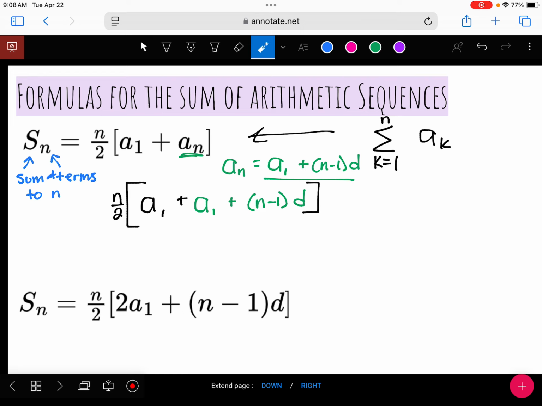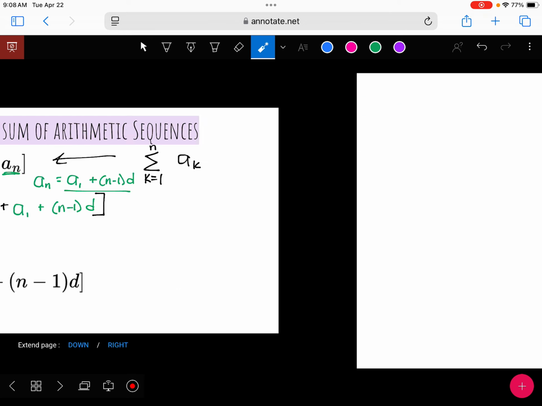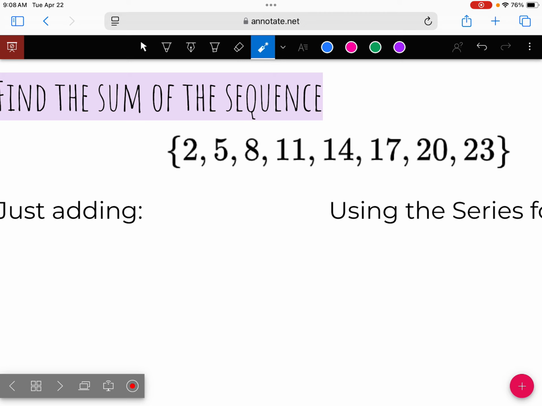We're going to explore this for a second before we really get cruising with the formulas. I want us to see that this does work and why. So I'm going to give us a finite series: 2, 5, 8, 11, 14, 17, 20, and 23. I want us to find the sum of this sequence.